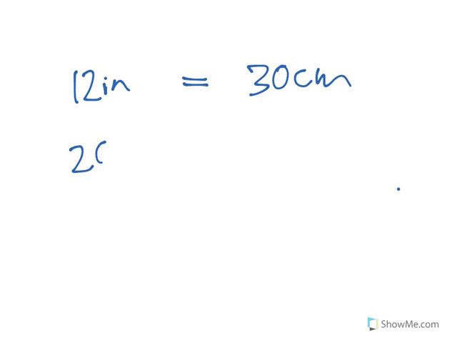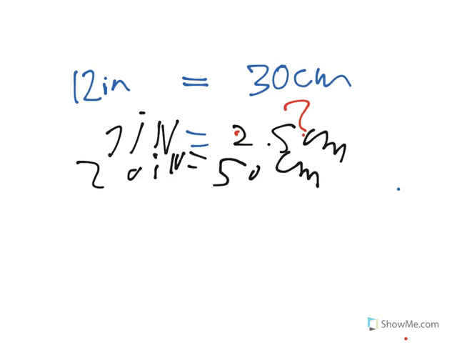Okay, so 12 inches is 30 centimeters. So 12 inches equals 30 centimeters, right? Now the question is, how many centimeters are equal to 20 inches? So we divide this by 12. Now we have 20 inches equals what? That's the question right there. Great job, Aurel.